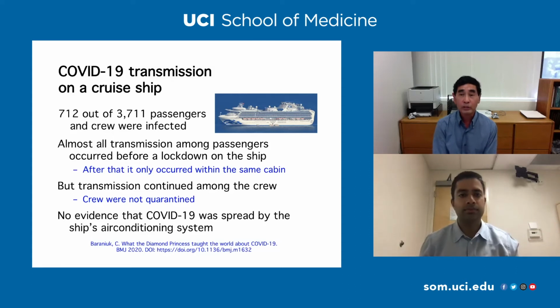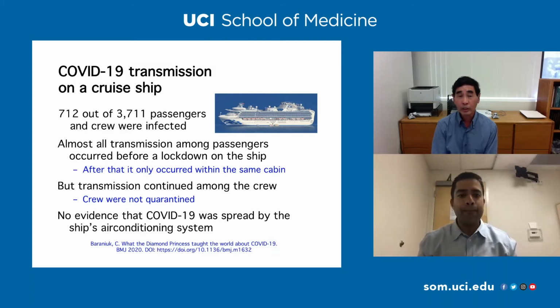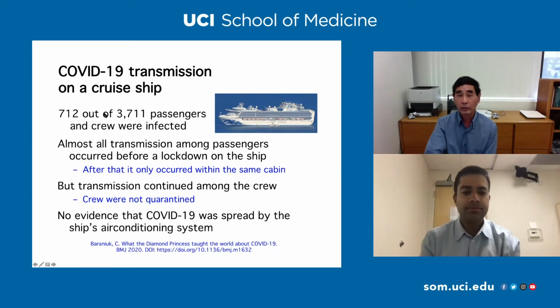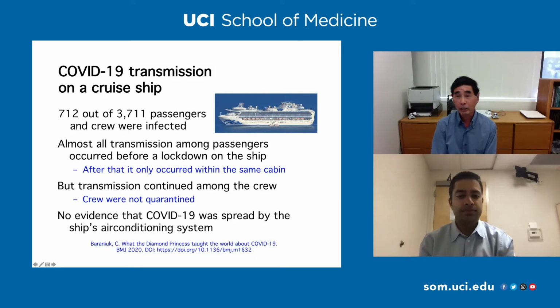There was a famous case of a cruise ship, in fact, several cruise ships, but this was the Diamond Princess. It was a large cruise ship with almost 4,000 passengers and crew, and almost 20% of the passengers and crew were infected. Now, we know that most of the transmission occurred before they had a lockdown on the ship, so there was free mingling of individuals.